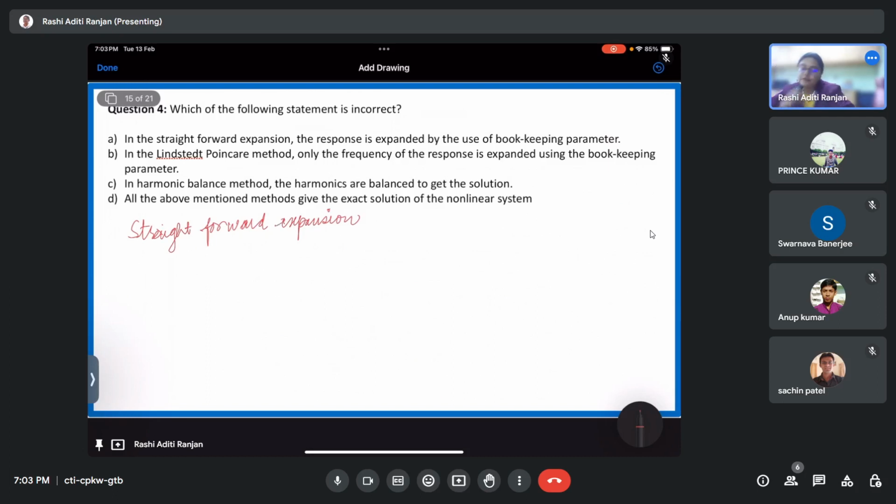is, we assume that for a given differential equation, x is equal to x naught plus epsilon x1 plus epsilon square x2 plus like this, or we can also assume it like epsilon x1 plus epsilon square x2 plus epsilon cube x3 like this, where epsilon is our bookkeeping parameter, no?